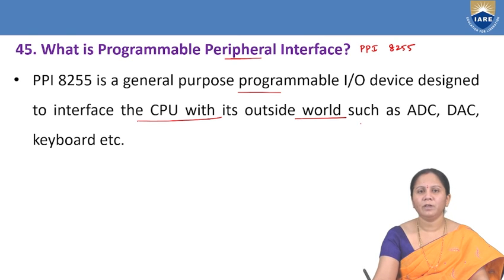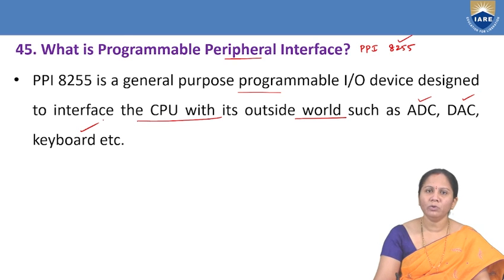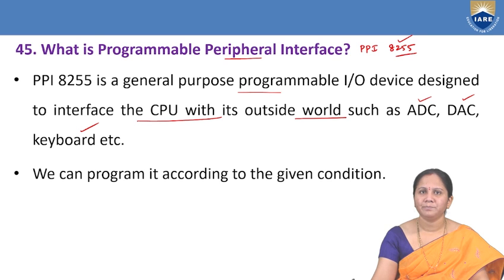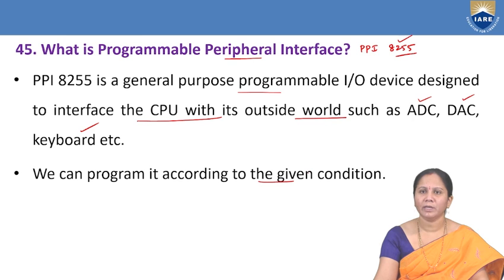That means using this 8255 only, you can connect an ADC to 8086, or you can connect a DAC to 8086 or a keyboard to 8086. So this programmable peripheral device 8255 acts as a mediator between IO devices and the microprocessor. So we can program it according to the given conditions.